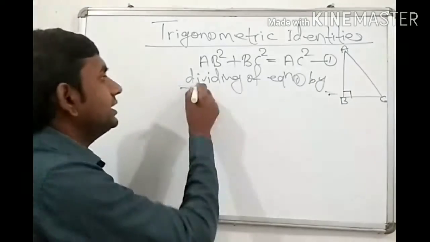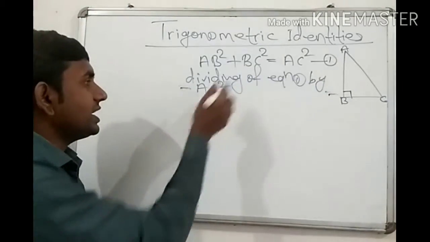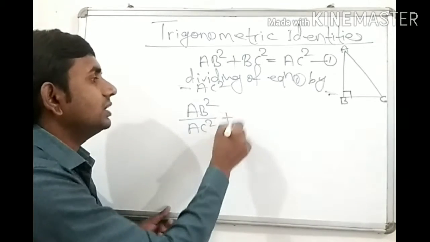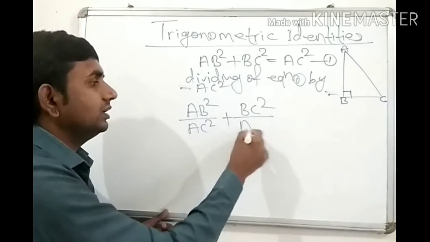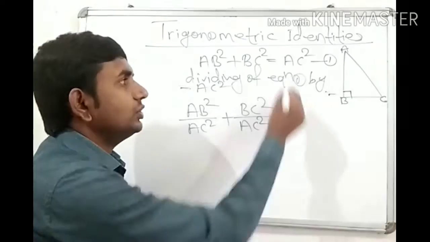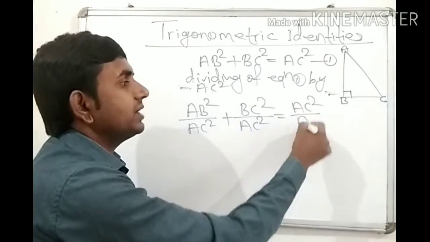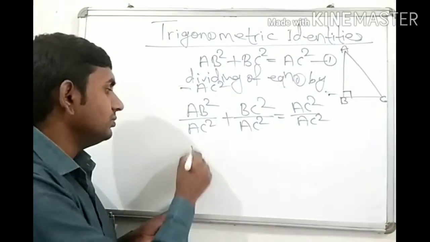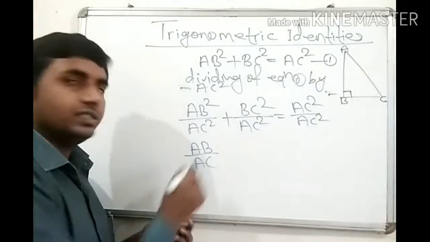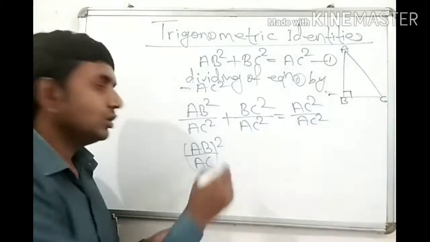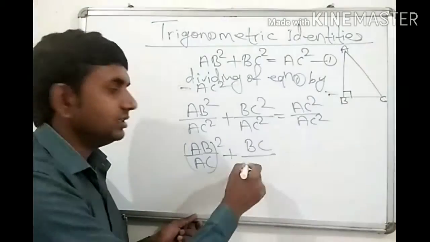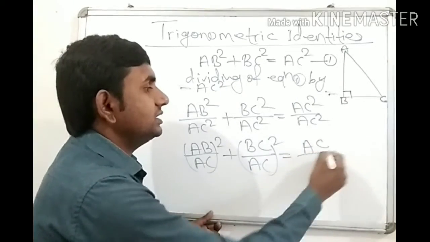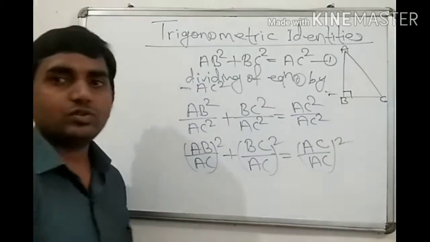Now we have AB square by AC square plus BC square by AC square, which is equal to AC square by AC square. Now we can write this in this form: (AB by AC) whole square plus (BC by AC) whole square is equal to (AC by AC) whole square.